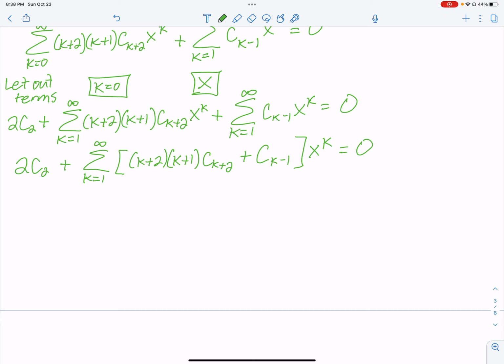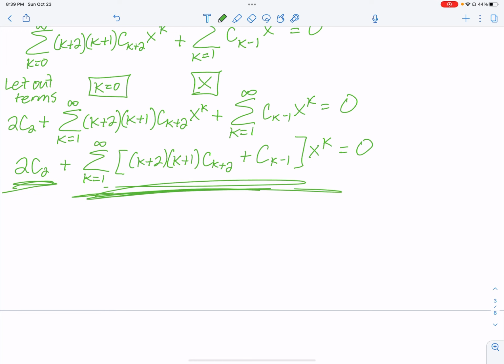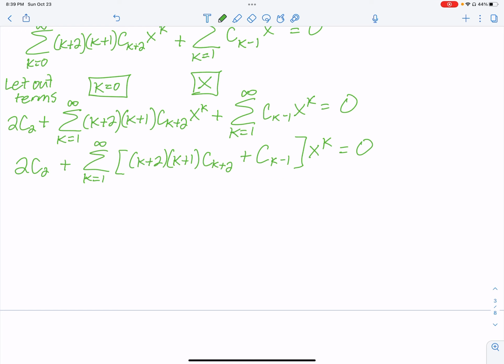All right, so this is where we left off, except for that equals 0. I know that I have a constant, and that's this constant here, and then I have a second term here, and I know that when I plug everything in, I need everything to be 0. So that tells me that I have a system. I have that the first thing, 2c2 equals 0, and this is the reason that we factor out this x to the k.